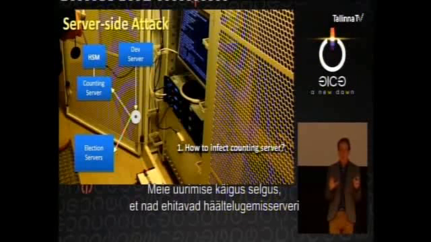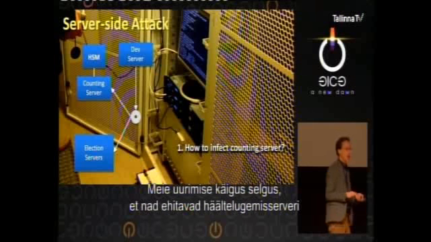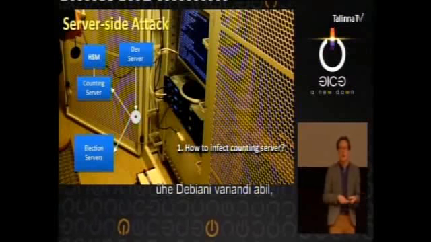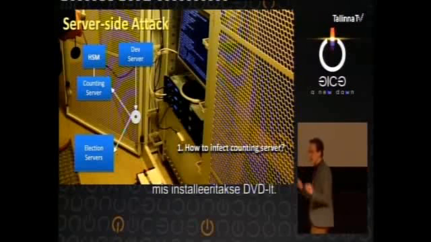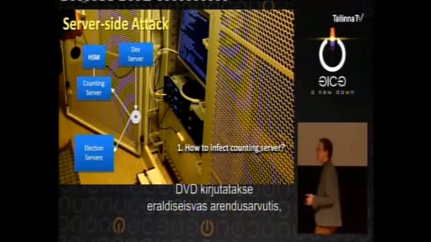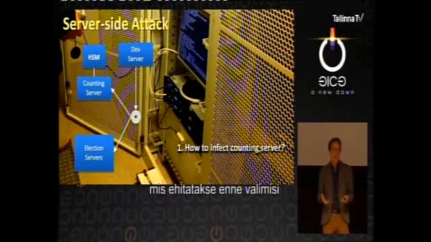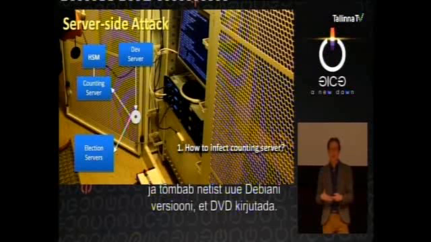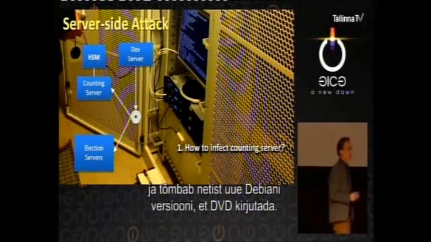In our investigation, we found out that the way they build that machine for the counting server, it runs, I think, a Debian variant, and that is installed from a DVD. That DVD is burned in a separate development machine that is built before the election and actually downloads a fresh copy of Debian from the web and burns the DVD.